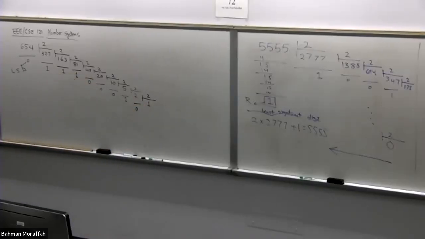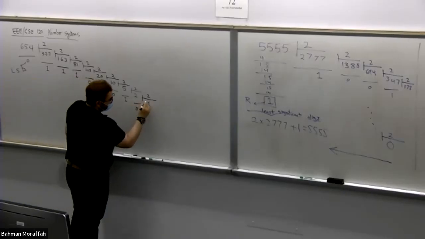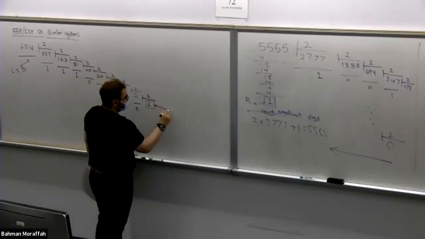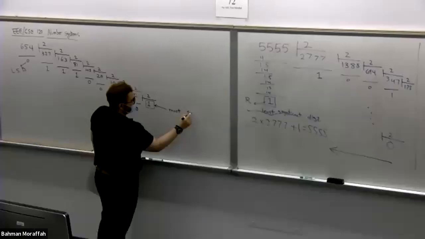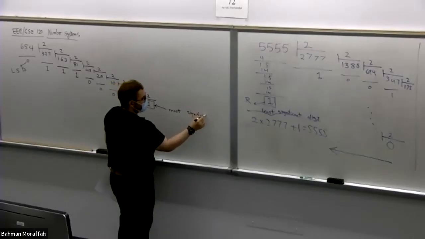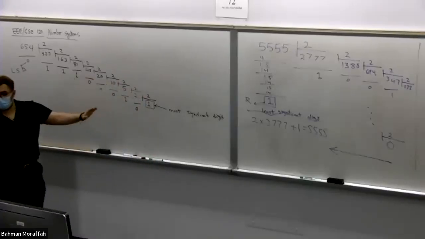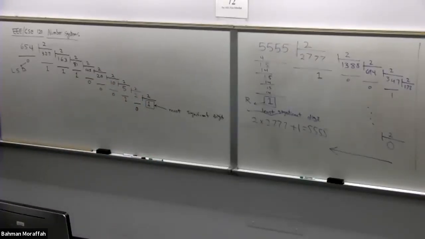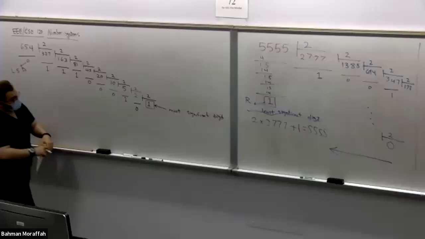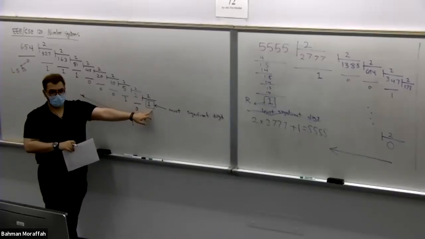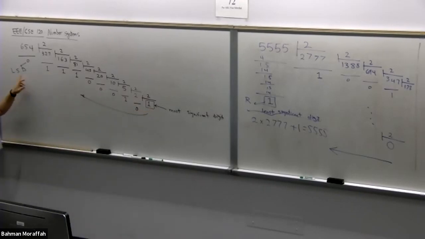Right? This quotient over here, as we call this the least significant digit, this one over here is actually the most significant digit, which means it's going to go to the left. Right? So I'm going to read off all these numbers. I start with this quotient, and then record all these remainders.